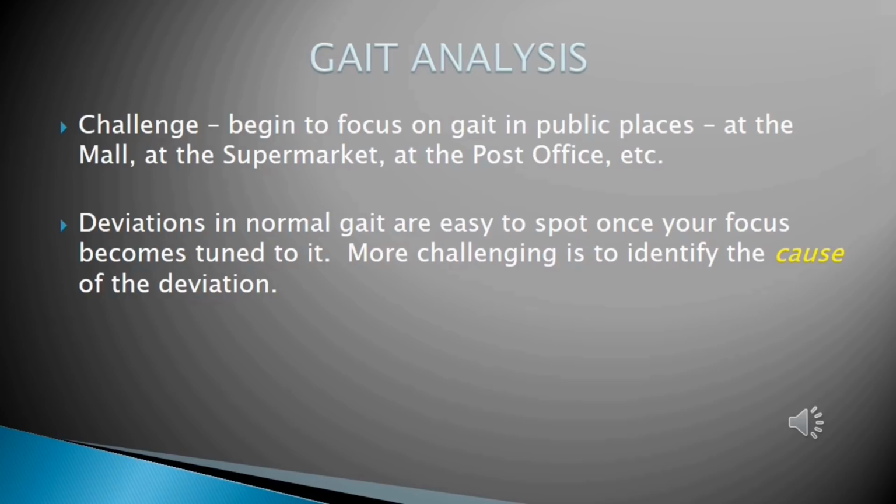It could have been due to her hip. It seemed to me it was due to her hip, and she admitted that she had been having pain in the hip. The point is, identifying the cause of the deviation of gait comes second. First order of business is to identify whether or not a deviation in gait exists.